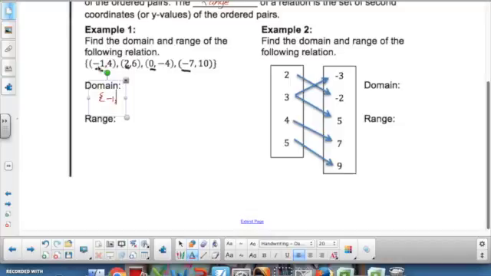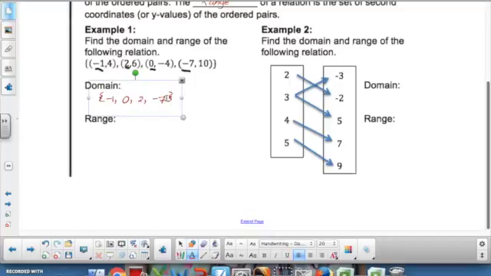It's going to be 2, and then 0, and then -7. So just one of each of these. Oftentimes you'll see them written in ascending order, meaning smallest to largest, but it's not wrong if you just write it in the order you see it.